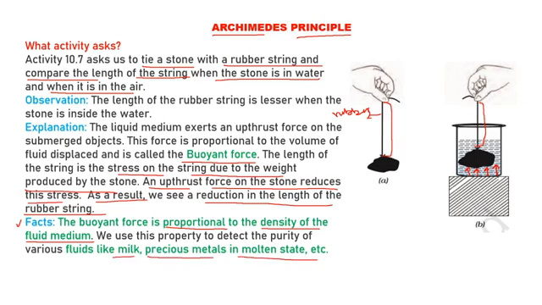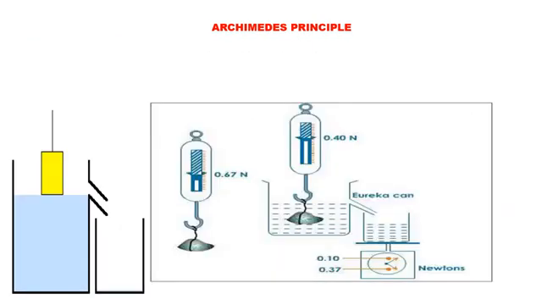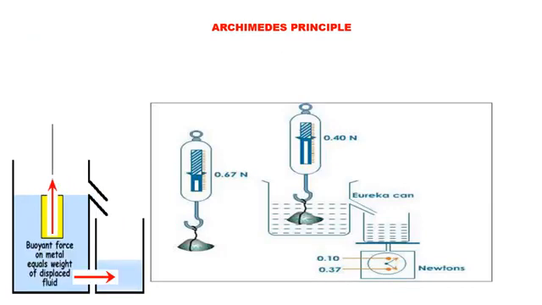So this is the use of the buoyant force, or we can say this is the application of Archimedes principle. When you dip it in the container, you'll find the water is coming out, right? And there is a buoyant force on the metal, and this buoyant force equals the weight of the liquid displaced. So we are going to check.